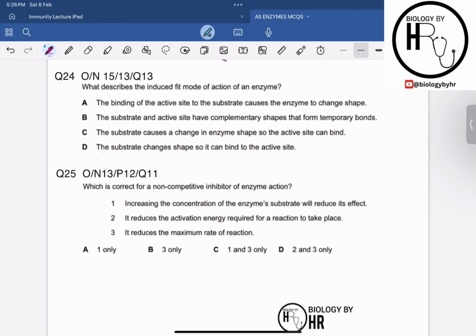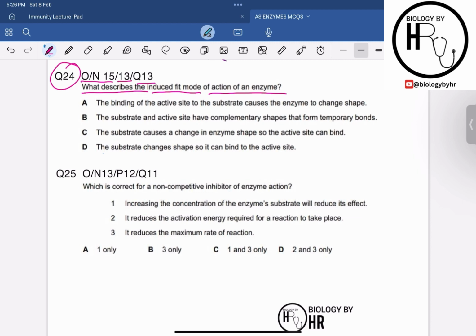Alright, so now let's move on to question 24, which is from October-November 2015, paper 1-3, question 13. It says: what describes the induced fit mode of action of an enzyme? To solve this question, you must have prior knowledge of the induced fit theory from the enzyme chapter.